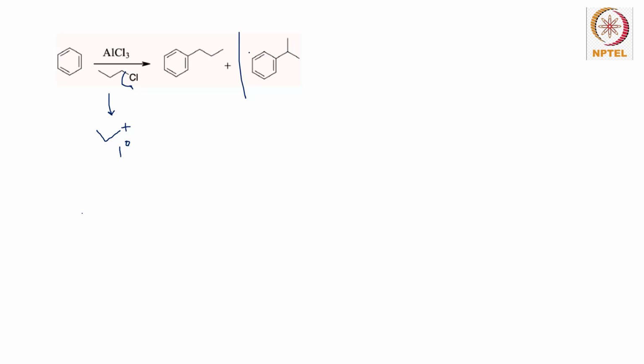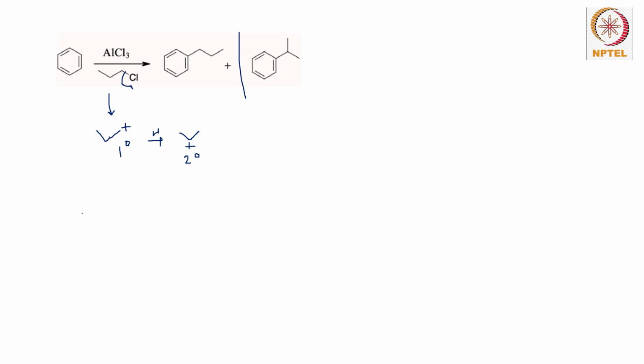But here, if there is a chance of getting a higher substituted carbocation, the reaction will go there. So this is 1 degree, so there is a chance of hydrogen transfer, and we will get this carbocation. This is 2 degree, more stable than the other one.